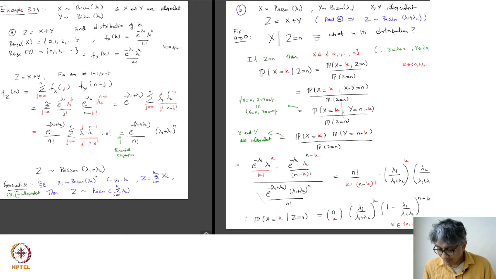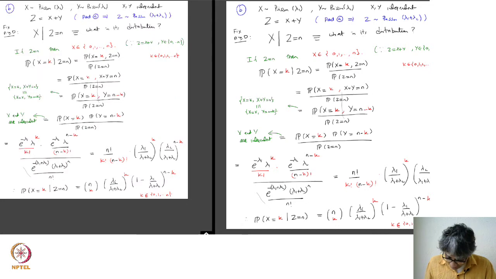Then we notice that if x is Poisson lambda 1, y is Poisson lambda 2, and I ask you the distribution of x given z equal to n, we did this calculation using the definition of conditional probability. We found that the chance that x is equal to k given z equal to n was n choose k, lambda 1 by lambda 1 plus lambda 2, whole power k, times 1 minus the same fraction to the power n minus k.